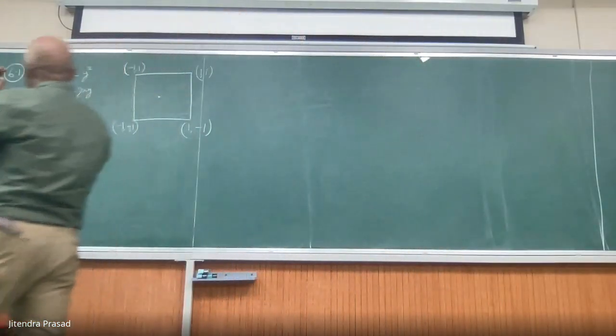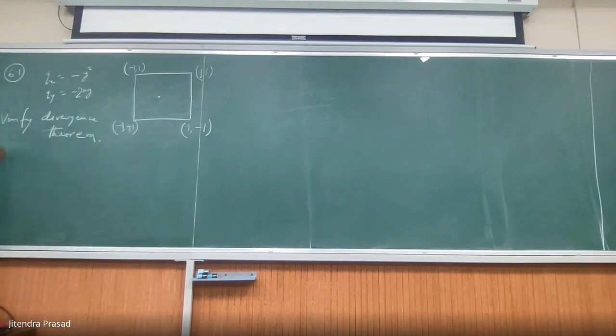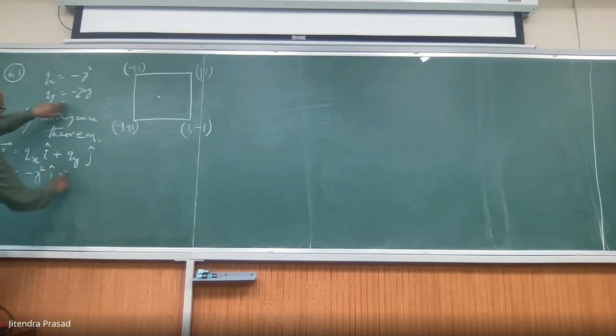So how to do it? You know that the Q vector is given as Qx i plus Qy j. So minus y square i plus minus 2xy j.